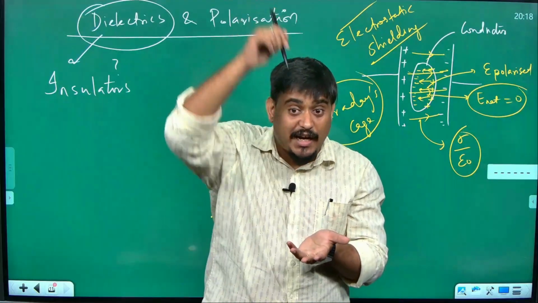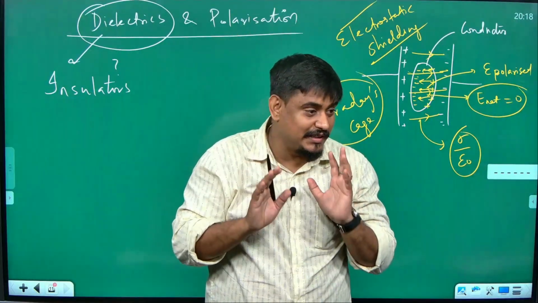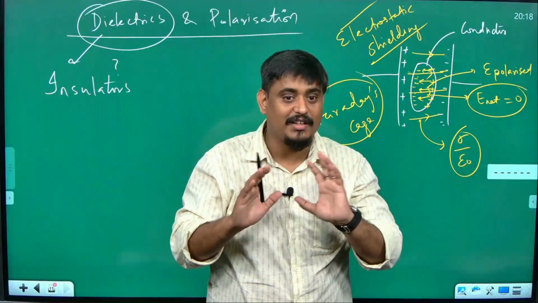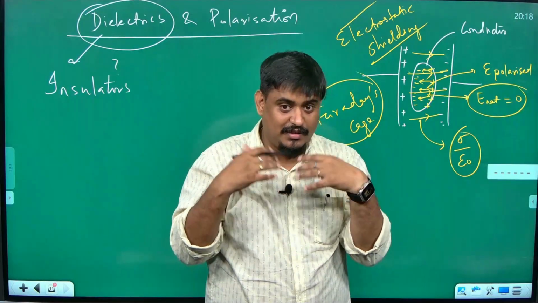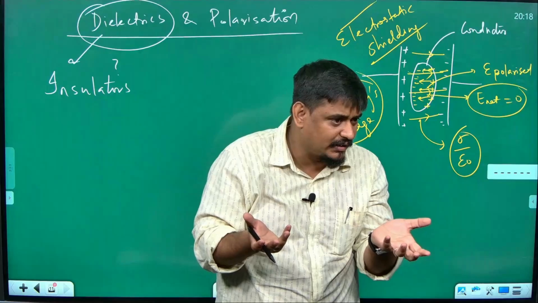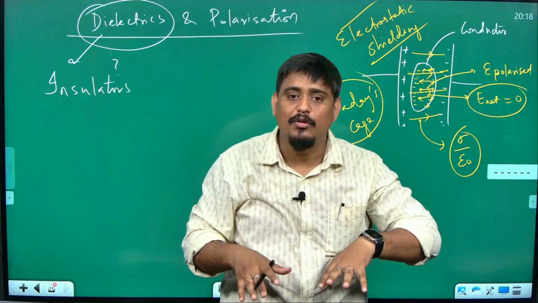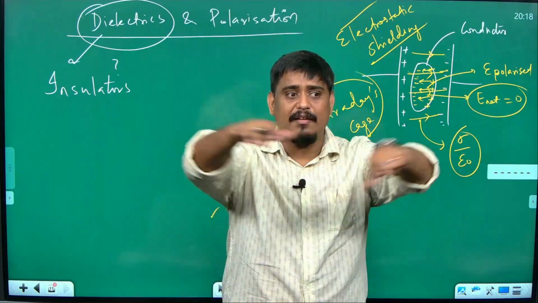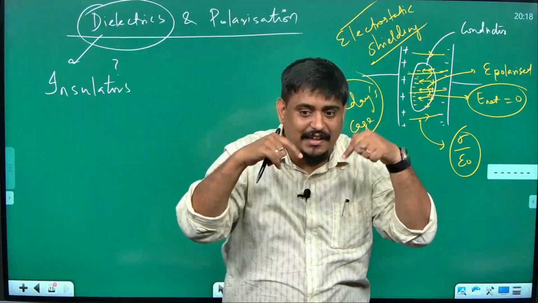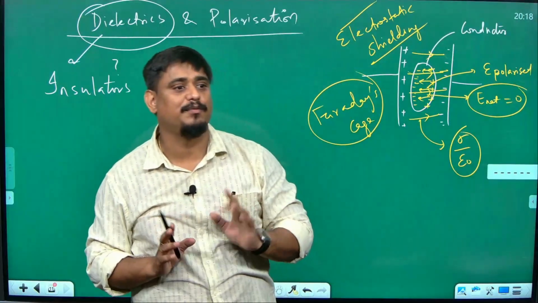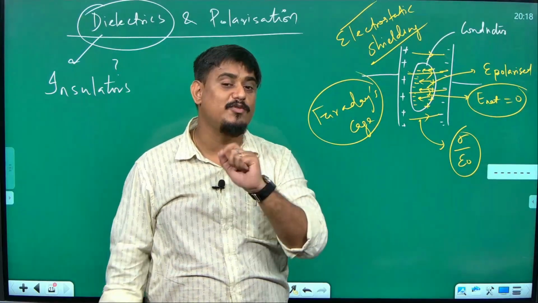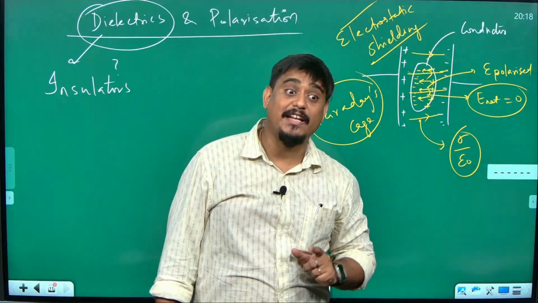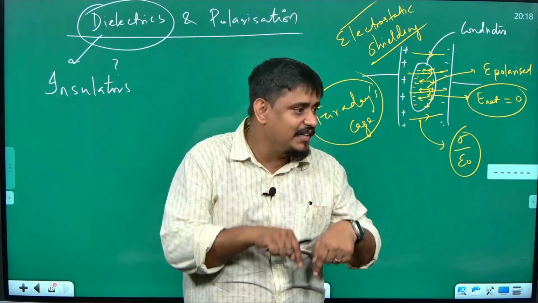Even if lightning strikes your car, assuming the car has a metallic body, it will be a conductor, so the charge will fall on the outside. Everywhere electric field will be there, but inside electric field will not be there. You will be safe. This property is known as electrostatic shielding because inside there is no electric field.